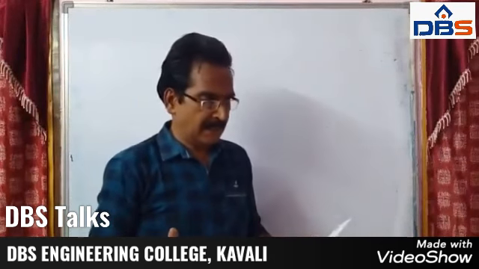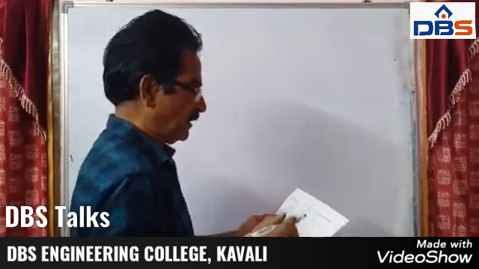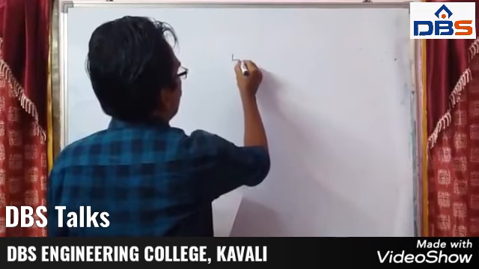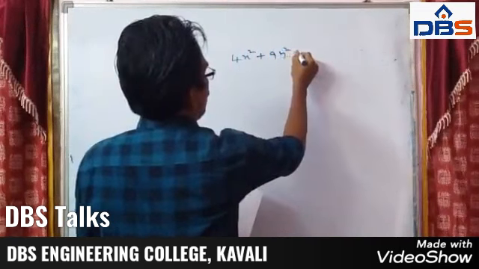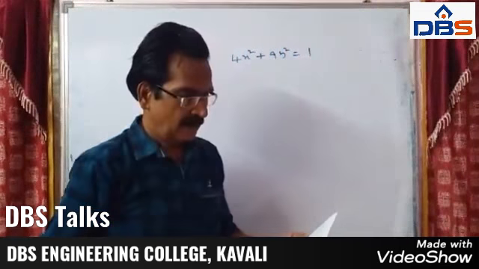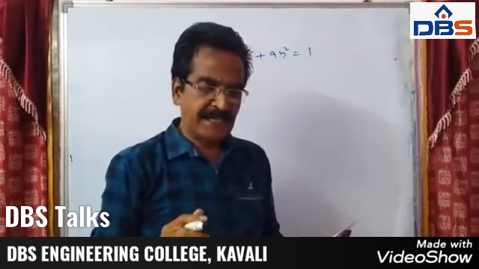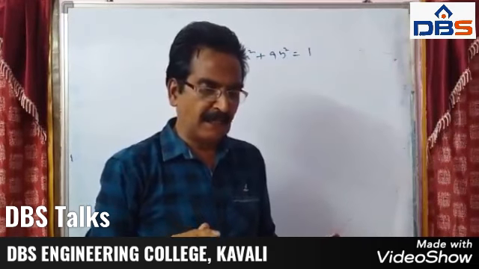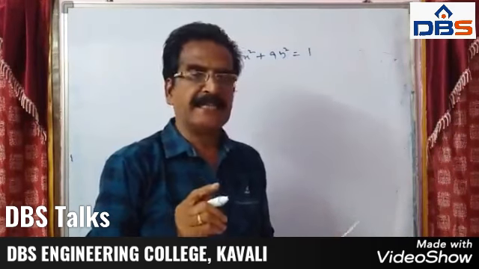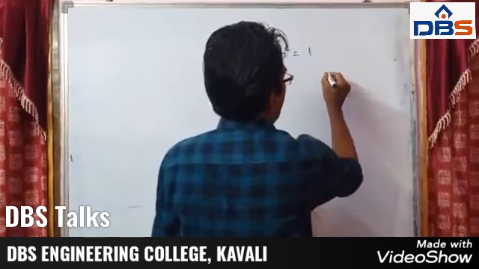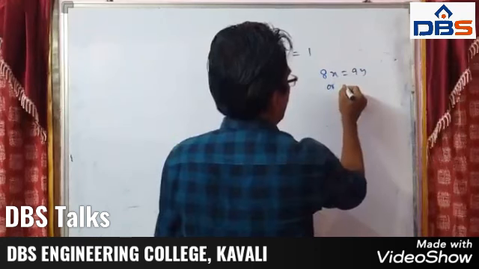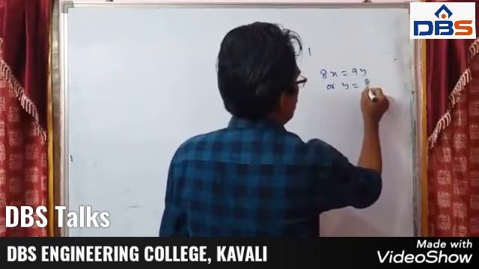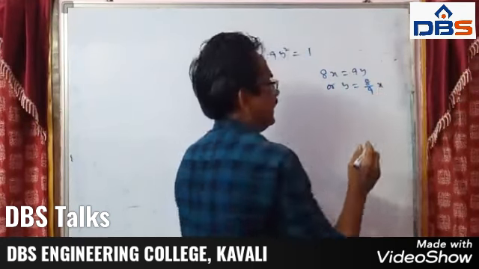On the ellipse 4x square plus 9y square is equal to 1, find the points at which the tangents are parallel to the line 8x is equal to 9y, or y is equal to 8 by 9 x.